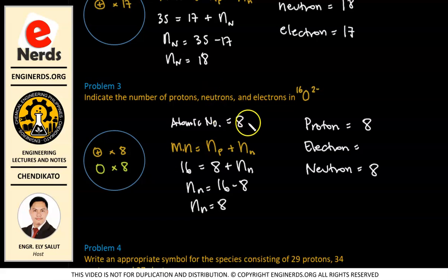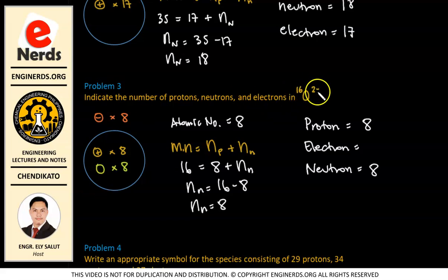Now, how many electrons do we have? That's the question, because now we have a charge of -2 in here. For a neutral, uncharged element, we know that the number of protons is equal to the number of electrons. So in that case, we have electrons, which are negatively charged, also equal to 8. But this is if it is neutral, that means the charge is equal to 0.